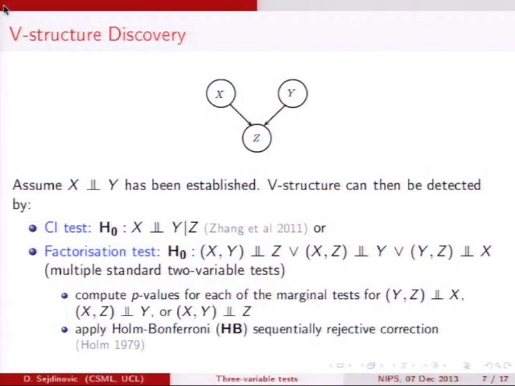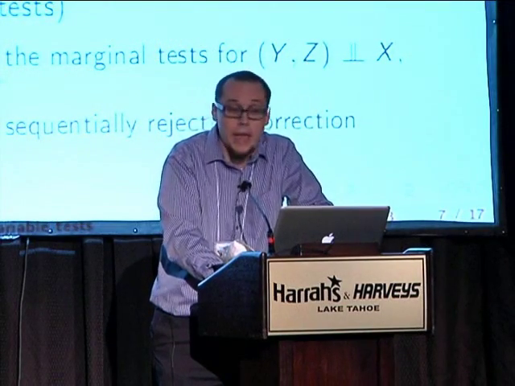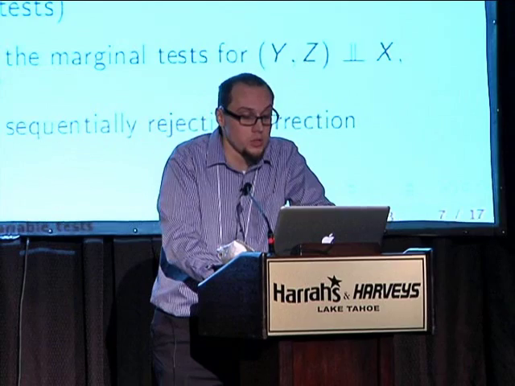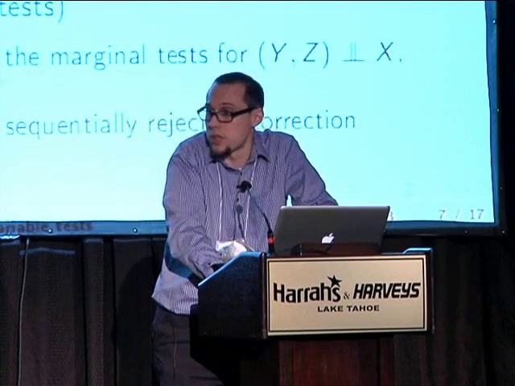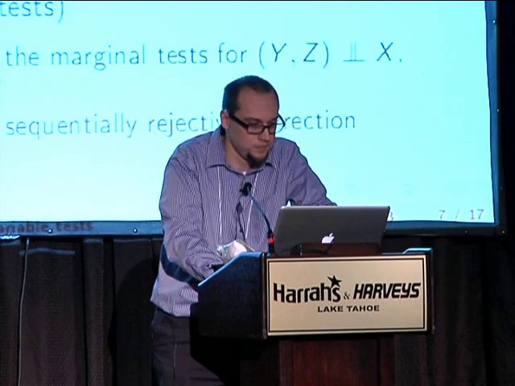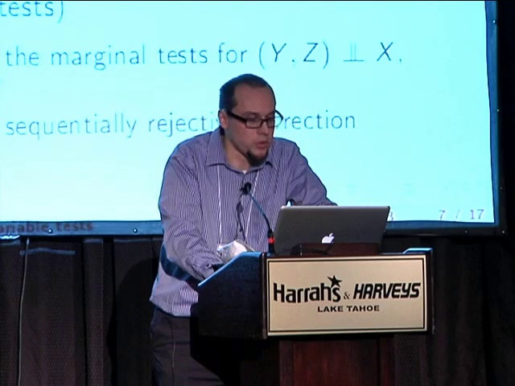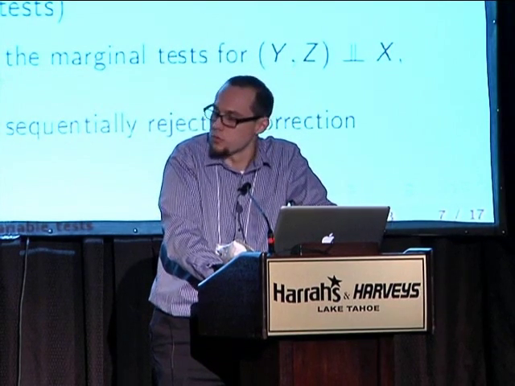Or we can proceed in a different way and consider a factorization test, where the null hypothesis is that the joint distribution of these three objects factorizes in any way. So this is now a multiple hypothesis testing framework. Each of these individual tests is just a standard kernel-based test because we can consider X and Y just to be a single object. So in a multiple hypothesis testing framework, we have to apply Holm-Bonferroni correction on the p-values of individual tests.